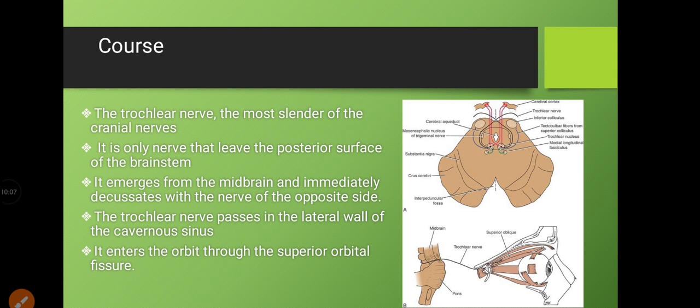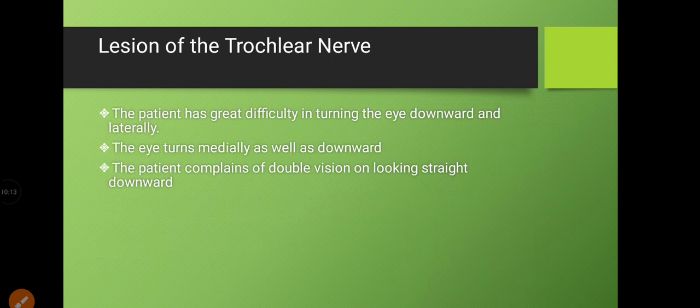This superior oblique muscle turns the eyeball inferolaterally. So, if the patient has a lesion of the trochlear nerve, the patient has difficulty in turning the eyeball downward and laterally.